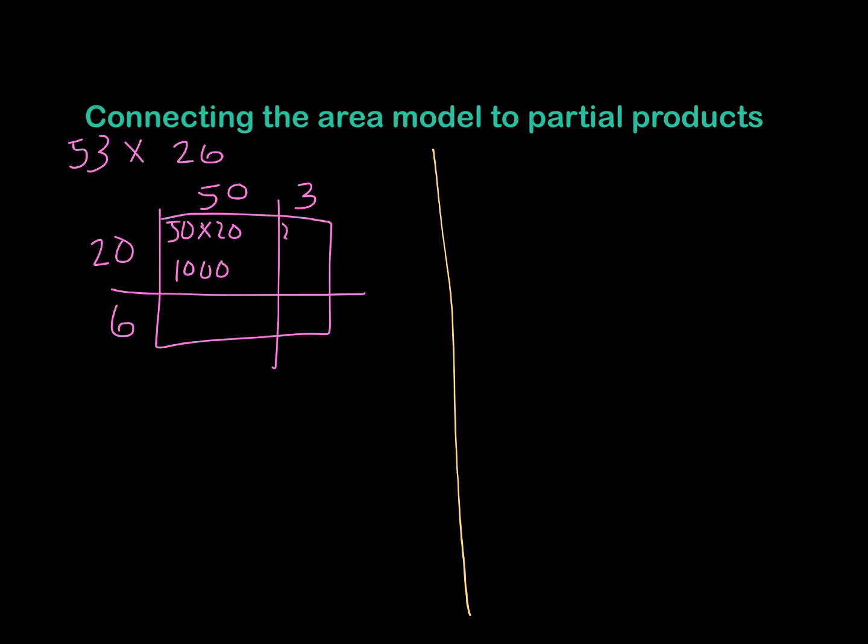And then when we multiply 3 times 20, or 20 times 3, it's 2 tens times 3, so it gives us 6 tens, or 60. 50 times 6, or 5 tens times 6, gives us 30 tens, which is 300, and 6 times 3 is 18. Our partial products are 1,000, 60, 300, and 18.